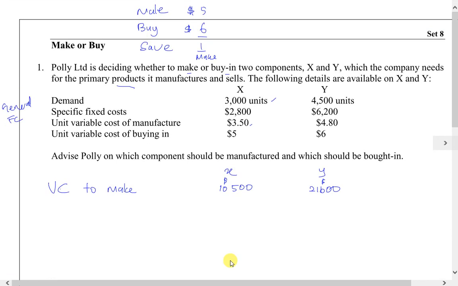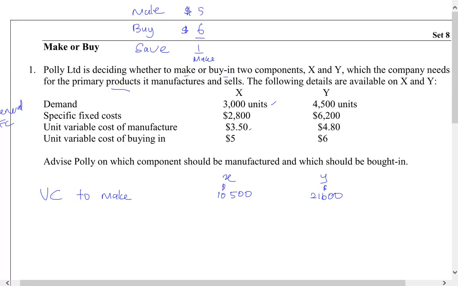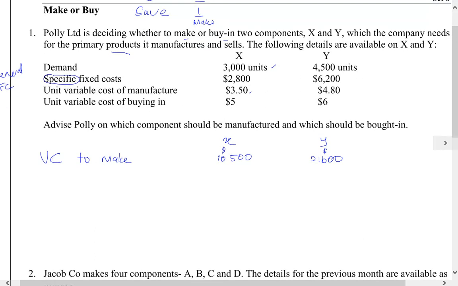Okay. Variable cost to make. Normally, we will just compare make and buy. Then we see whether we have savings or not. However, in this question we have a specific fixed cost. So we add the specific fixed cost to make. It will cost us 280. 62.